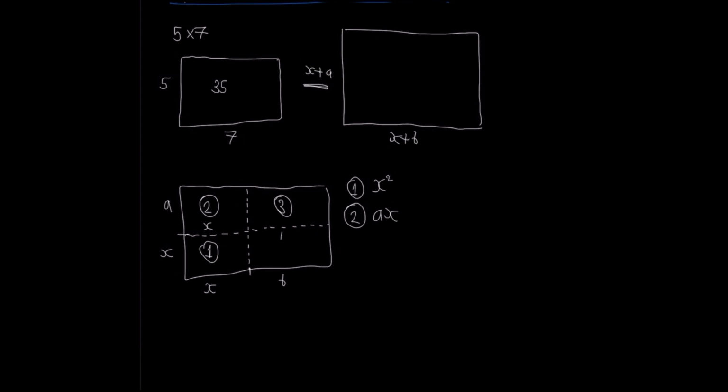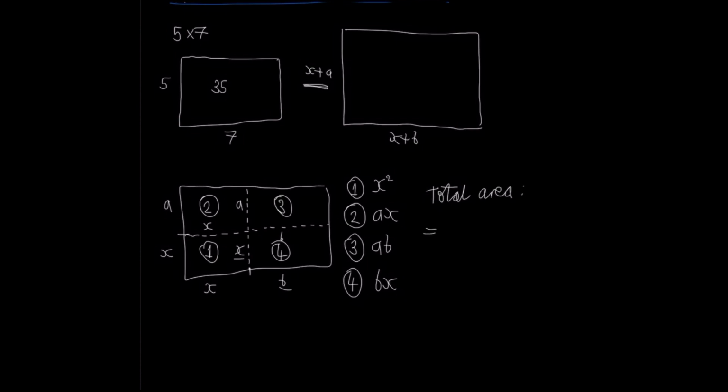Now let's look at this area. We can bring the b up here and the a here. The area is then clearly a times b. And then lastly, let's look at this area, number 4. You can bring the x here, and we can see the area is b times x, which is just bx. So the total area is clearly just the sum of these 4.